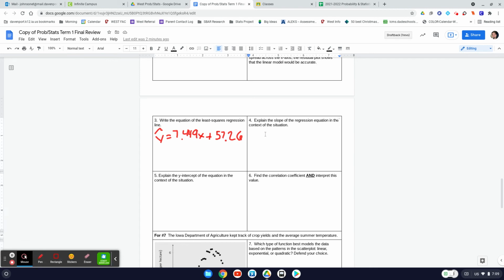Now for the explanation of our slope, that is the thing where we need to use that base form that I gave her for 1.